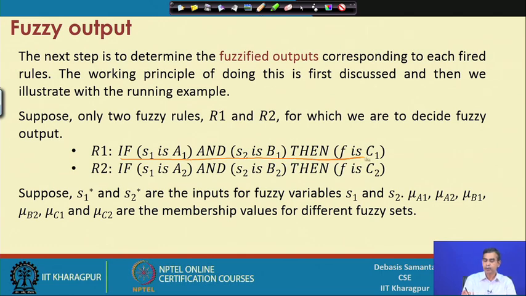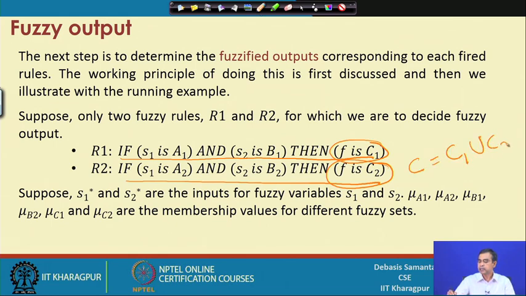This is one rule and this is the other. The output of this rule is C1, and the output of this rule is C2. If we combine the two outputs, then the resultant output C is the union of the two outputs C1 and C2. That is the idea followed in the Mamdani approach.